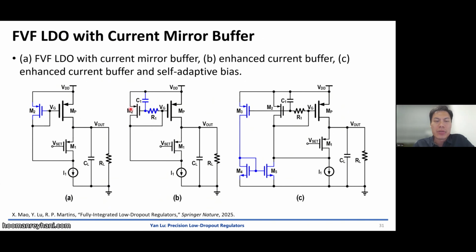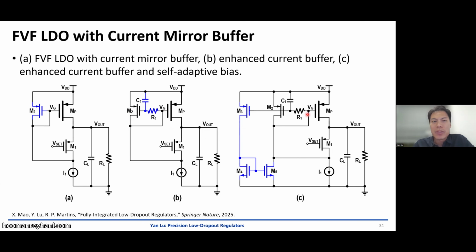Here M2 also provides the operating condition of this branch. If Vout decreases, then this node decreases, we want to discharge VG faster, and we don't want the M2 current to change fast. So in such a case, we can have a better response to the load.